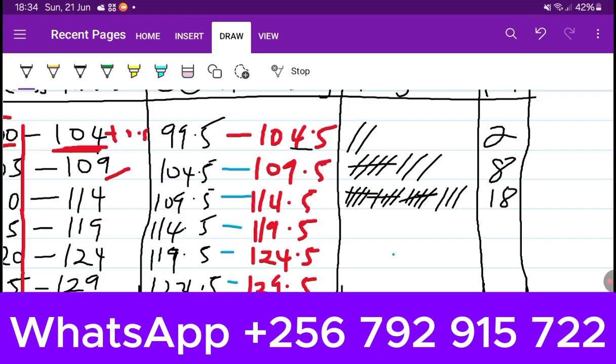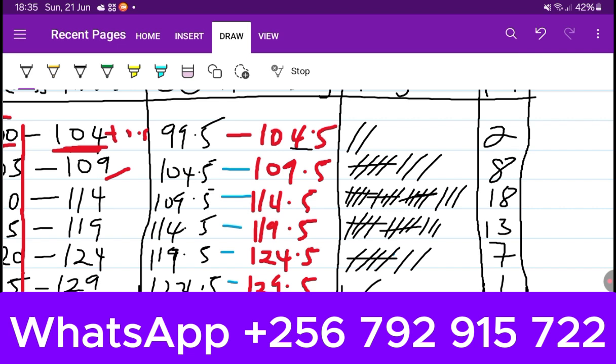Then the next one had 13. But it's always better to cross those figures as you write, so you don't move back and forth. So this other one had 7. Then this other one had 1, then this one 1, 1, 1.